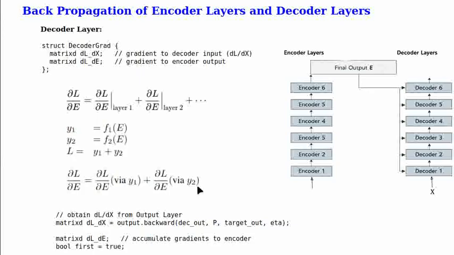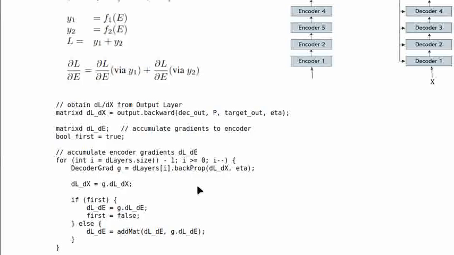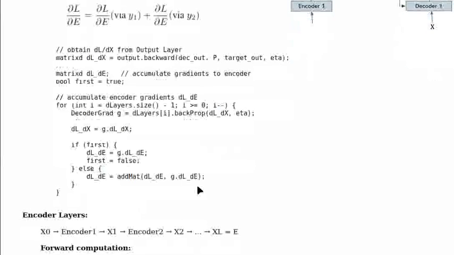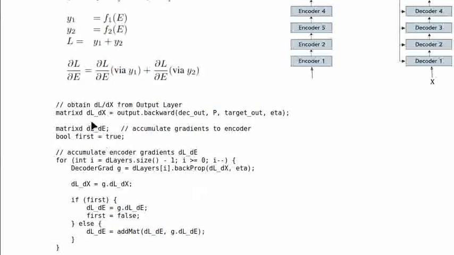The following code shows how this could be implemented. We first obtain the dl/dx from the output layer. We then iterate through the backprop function of the decoder layers, starting from the last layer. In each iteration, we get a new dl/dx which will be the input to the layer below. We also get a dl/de.